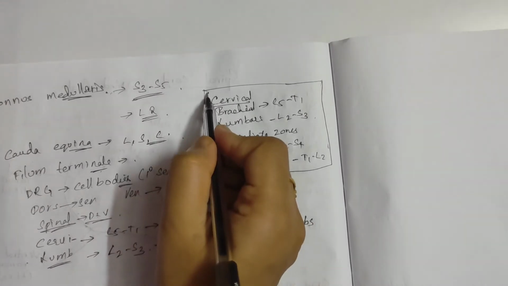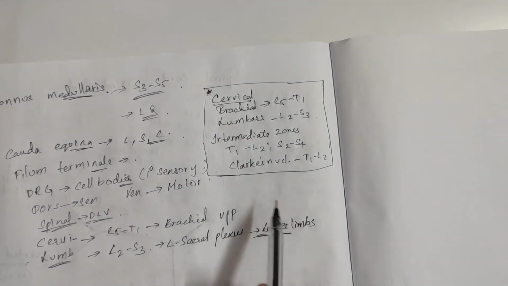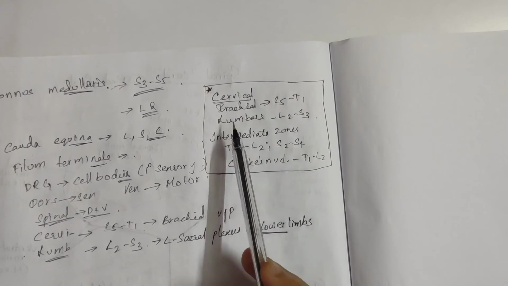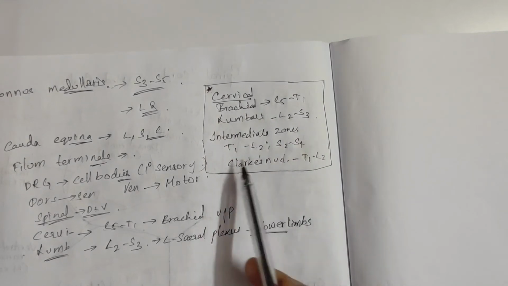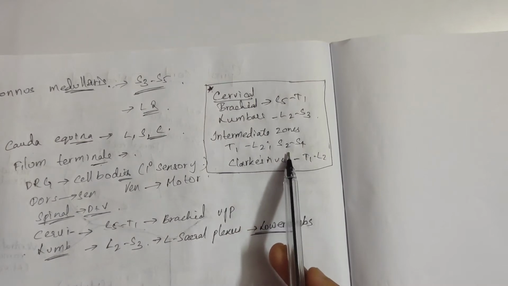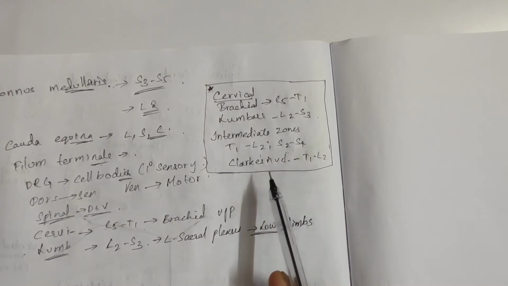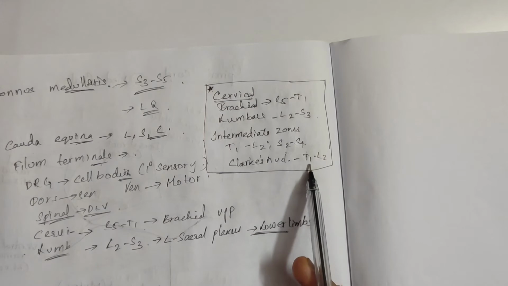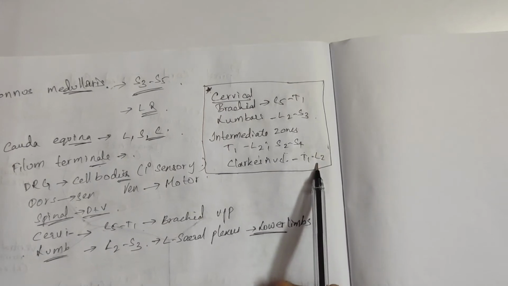So it's better to remember this: brachial C5 to T1, lumbar L2 to S3, intermediate zones T1 to L2 and S2 to S4, Clark's nucleus T1 to L2.